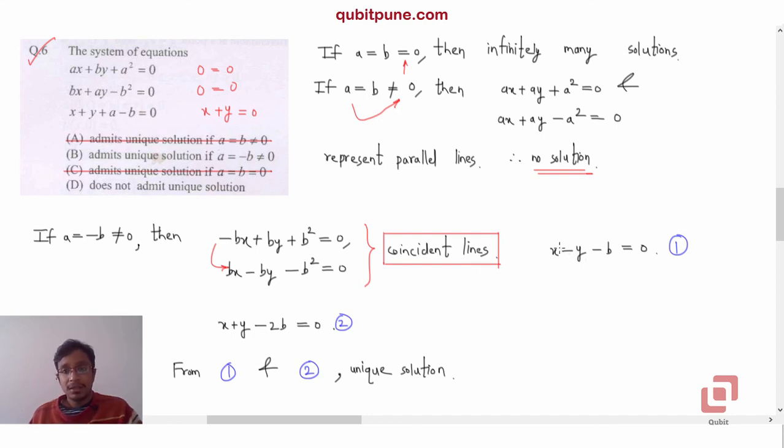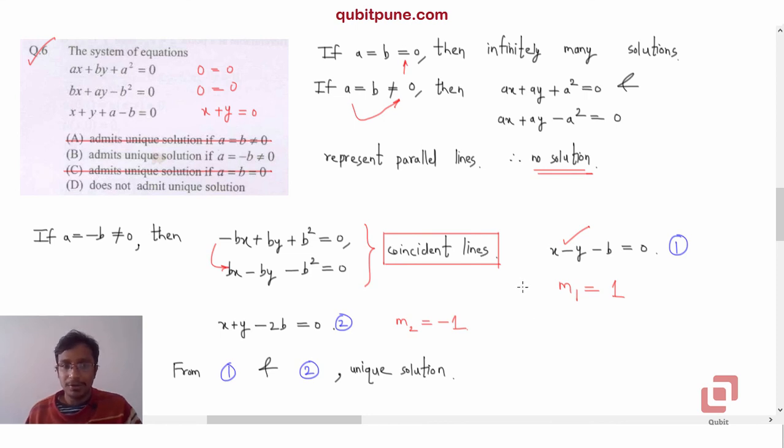Note that here it is x minus y, so the slope, let's call it m1, is equal to 1, negative a by b in the standard notation. And for this line x plus y equal to 2b, the slope is equal to negative 1. So the lines are not parallel, they do intersect each other at a single point.